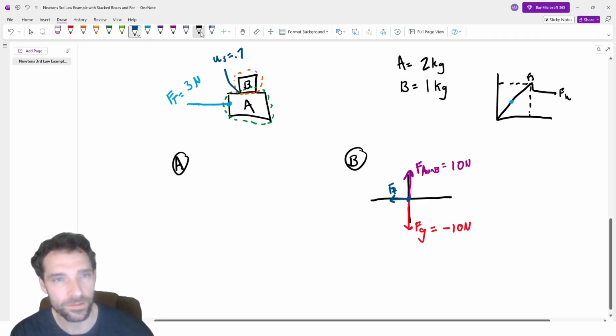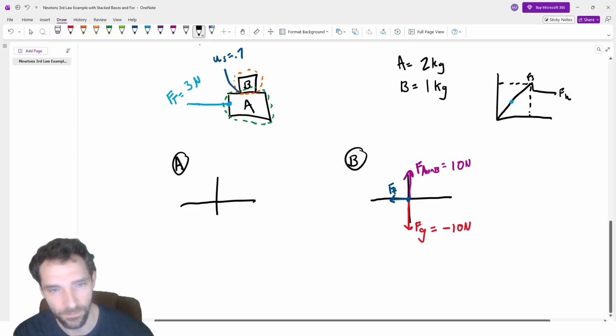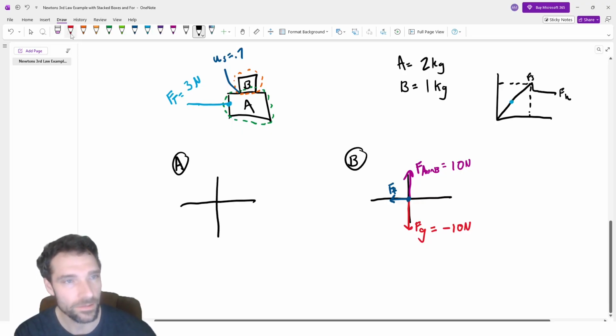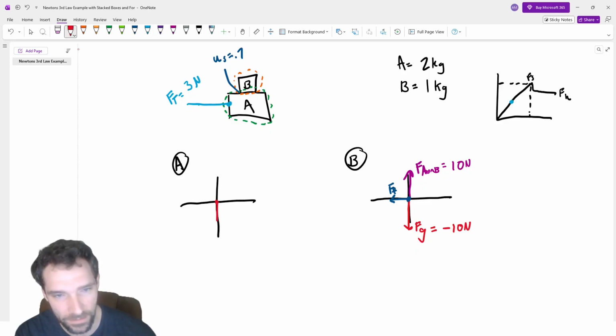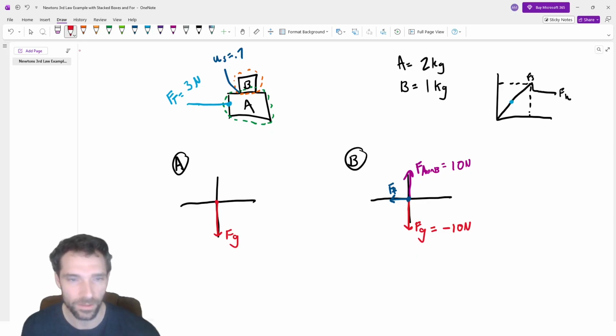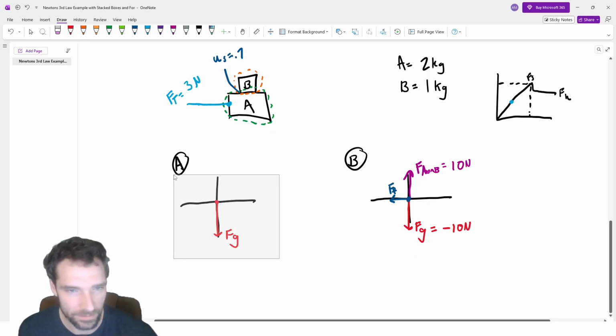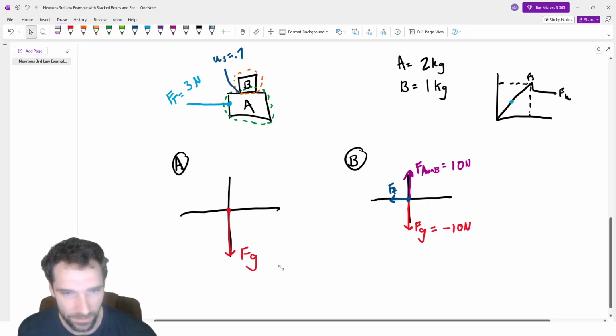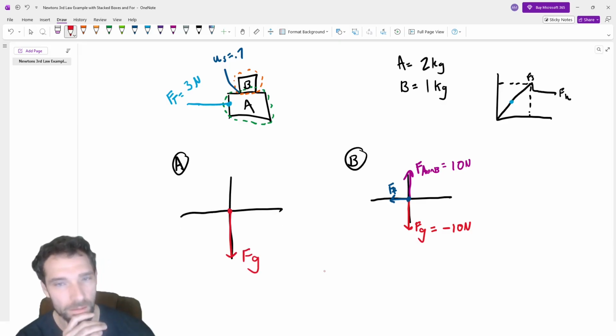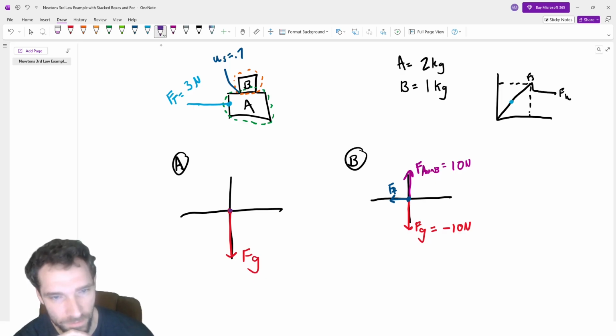So in a similar sense, A has some forces that are acting on it. So it's got its force of gravity downward, which is bigger than what we just drew. So just to make that to scale, we'll make that quite a bit bigger. And you've got the force normal going up.